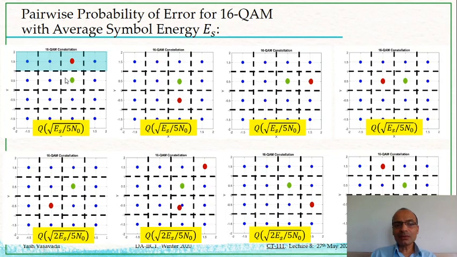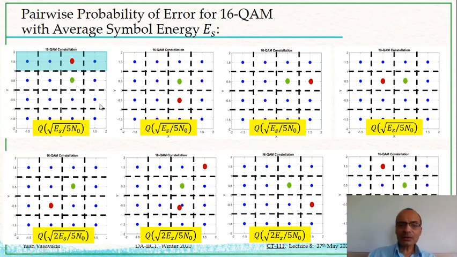Now you will see that this green symbol can alternatively be detected as this symbol, or this symbol. The distance between all of these pairs remains the same, square root of Es divided by 2.5.